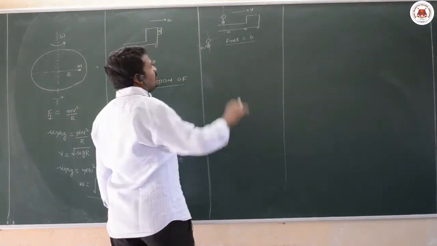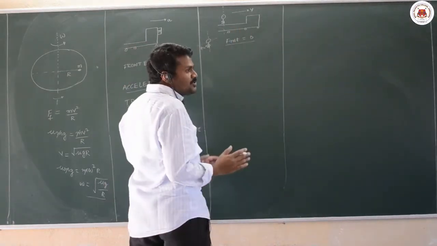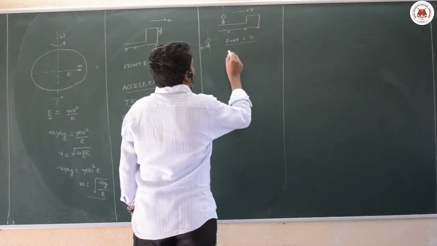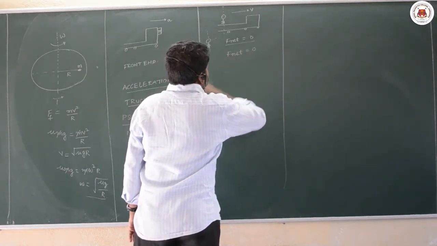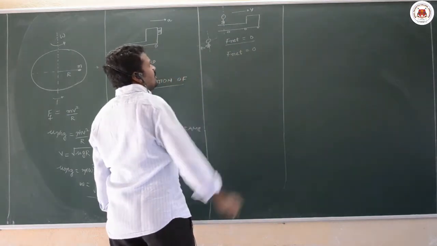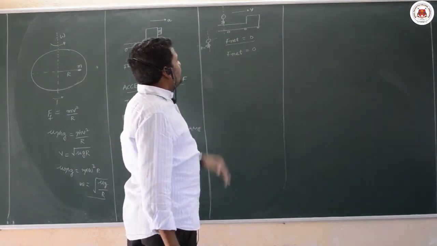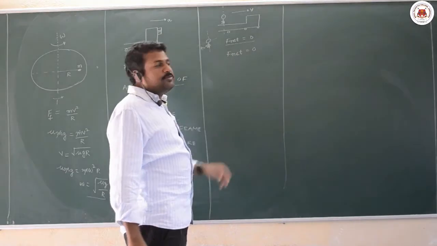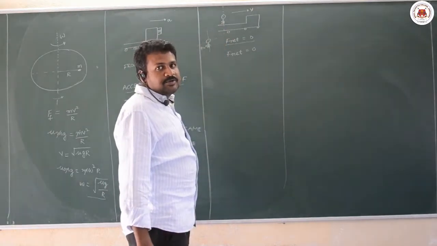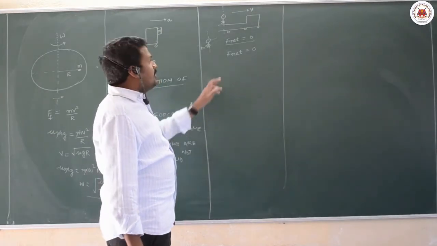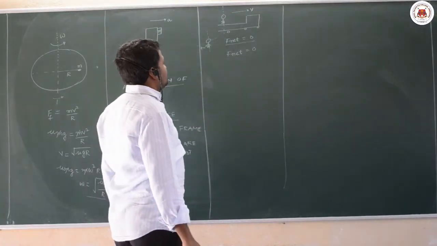Similarly, both are moving with uniform velocity, then F net is 0, because here Newton's laws are valid. Every body continues to be in state of rest or of uniform motion until and unless acted upon by an external force.